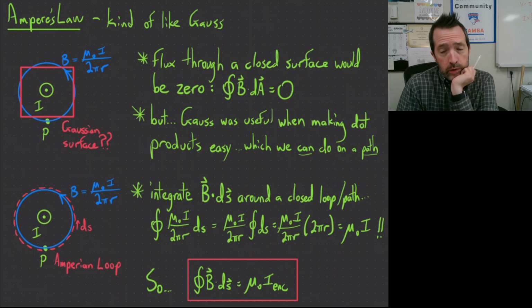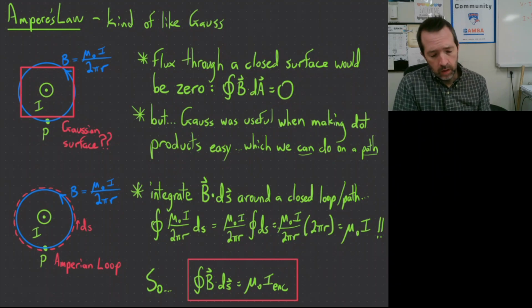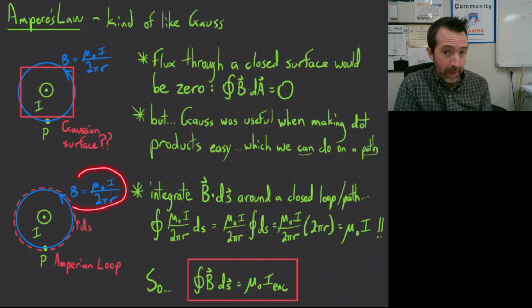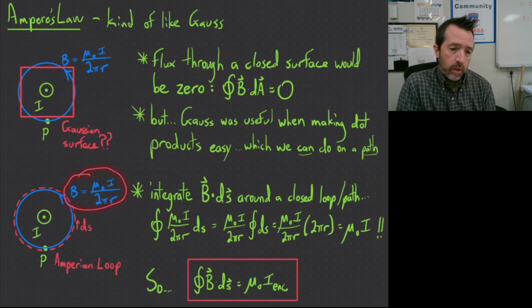I still have the same current and the same magnetic field. I know, at least in principle, the magnitude of that magnetic field, which I'm able to calculate by doing an unpleasant integral with the Biot-Savart law. Talked about that in a previous video. I didn't actually evaluate it, but it can be done.